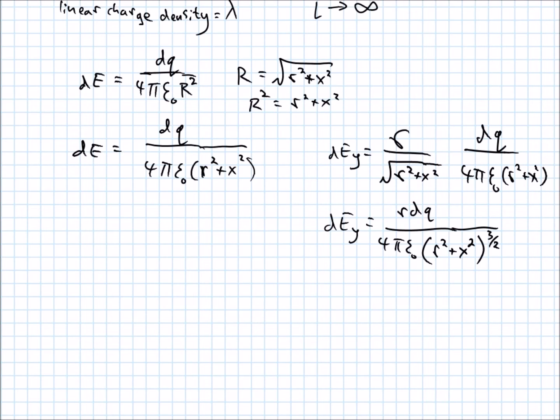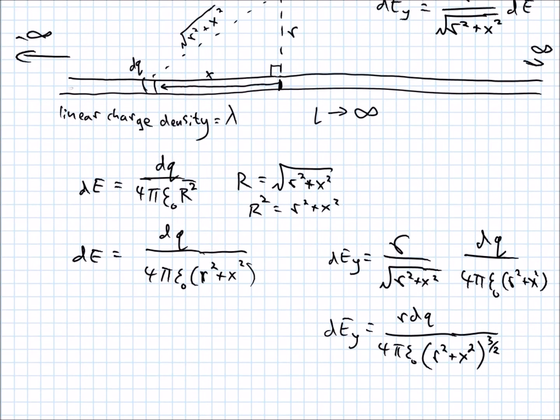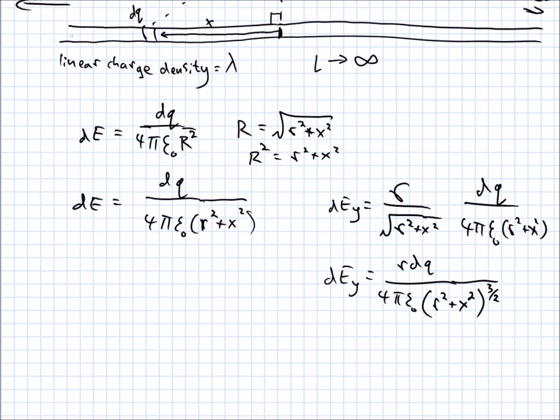So now we're getting ready to integrate here. Now because our dq is moving along the x-axis, in order to integrate across all q, we're moving our dq along x. Well, our integral is going to be with respect to x from negative infinity way over there to positive infinity. All right, so let's prepare for that.